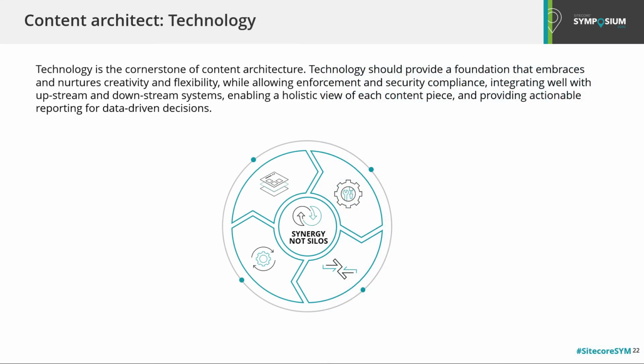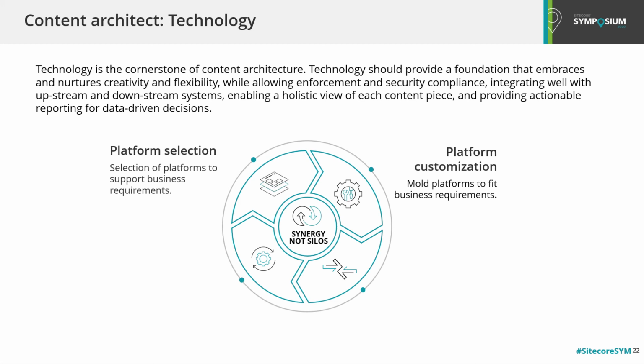And that brings us to the final and eighth area of responsibility, which is technology. As a content architect, you would of course be defining the systems that would participate in the content lifecycle. Of course, those systems would need customizations, so you would need to be familiar with the inner workings of each platform. As we already saw, there are multiple content source channels and multiple distribution channels.